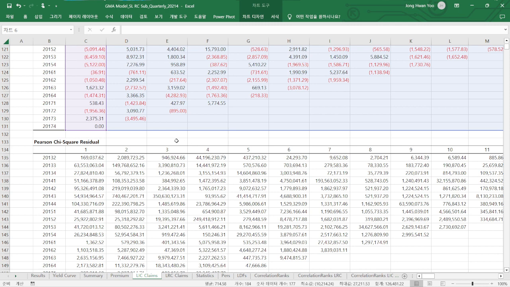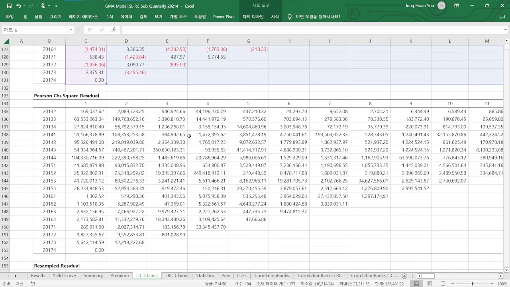His first paper says that he would like to derive some standard errors from his own selection of LDF. I would say that would be the parameter uncertainty or estimation error in the future, in terms of statistics.